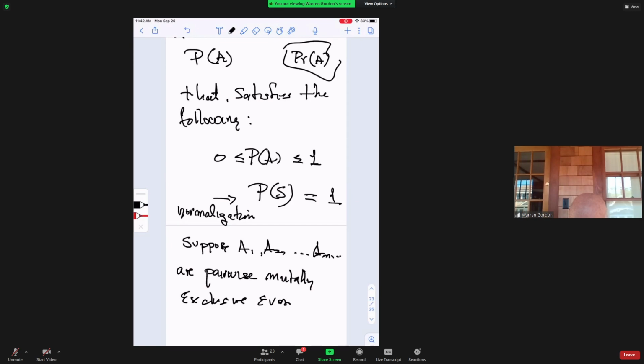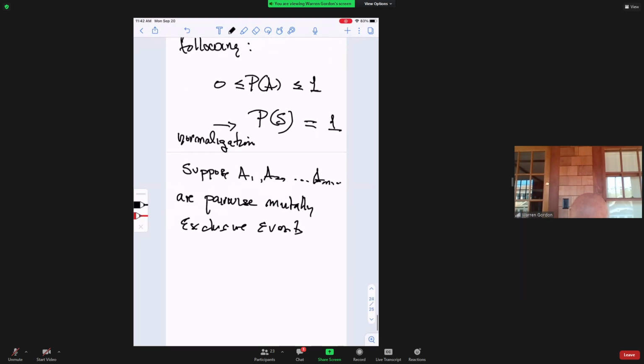That means if you take any two different ones, their intersection is the empty set.